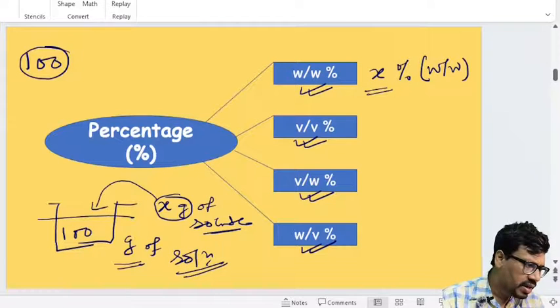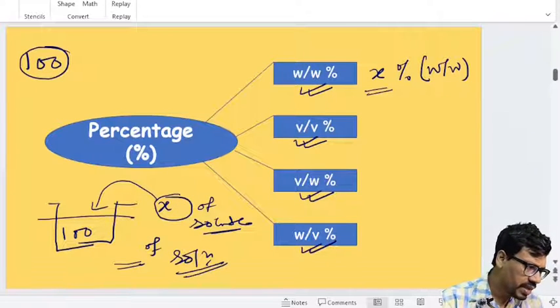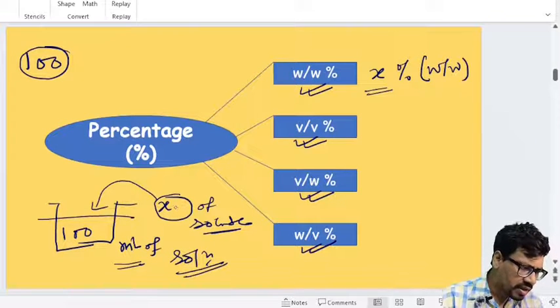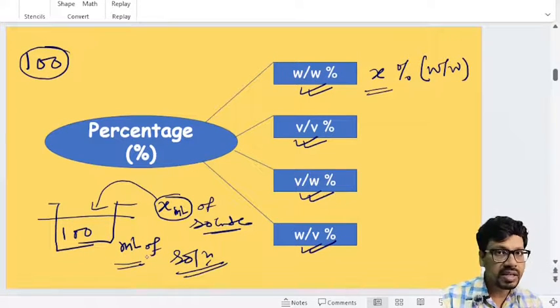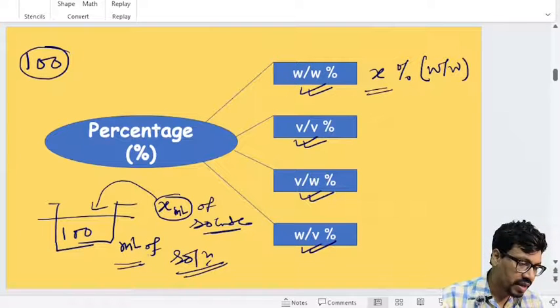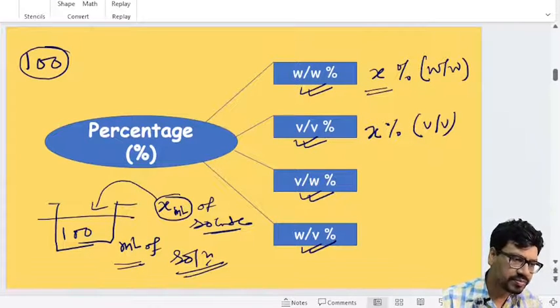Next one, if the solution has a volume of 100 ml and the solute is x ml, the concentration is represented as x percentage, that is volume by volume.